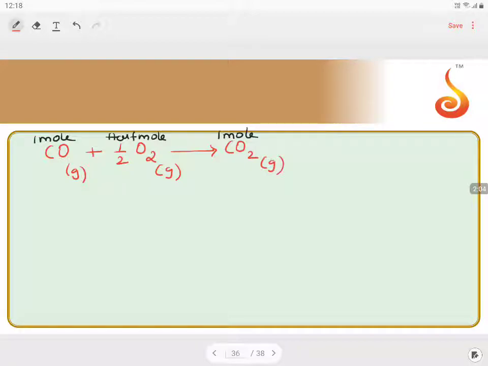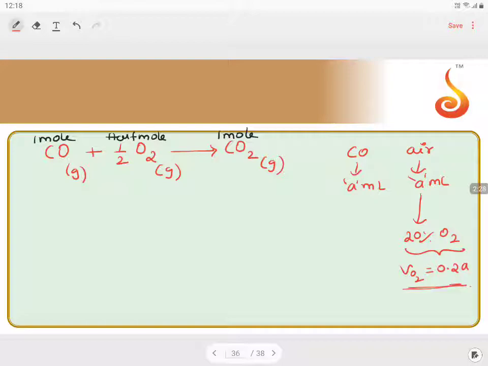Initially, we have taken carbon monoxide and air. Say we have taken A ml of carbon monoxide; A ml of air is also taken. In this A ml, only 20% is oxygen. That means the volume of oxygen is equal to 0.2 A. So initially you have A ml carbon monoxide and 0.2 A ml oxygen.